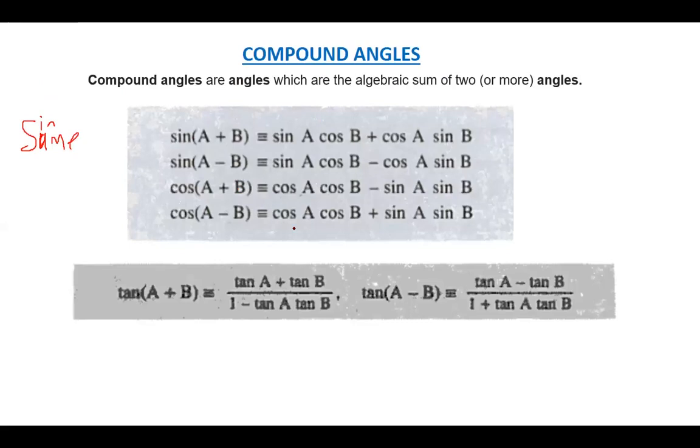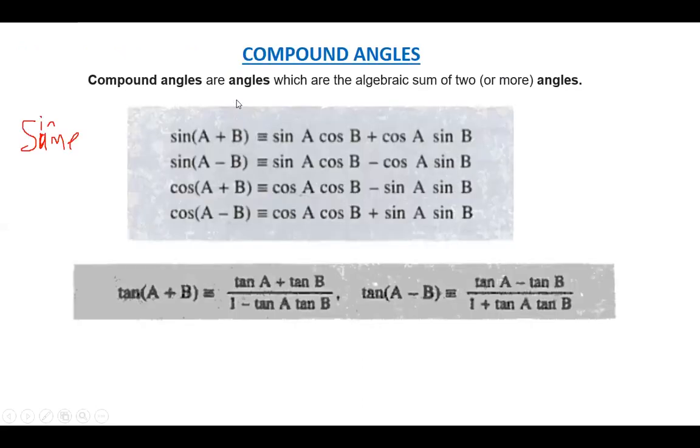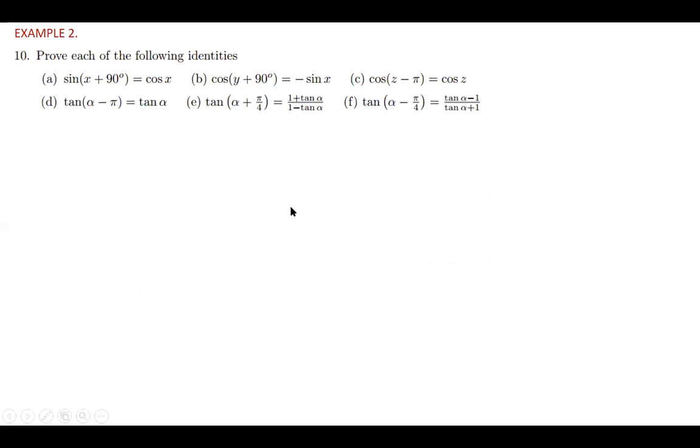You just have to know them by heart, so that when it comes to using them, you easily remember them. You replace where there's alpha, where there's a here, you put your alpha. Where there's tan b here, for instance, in this question, you put pi over 4.